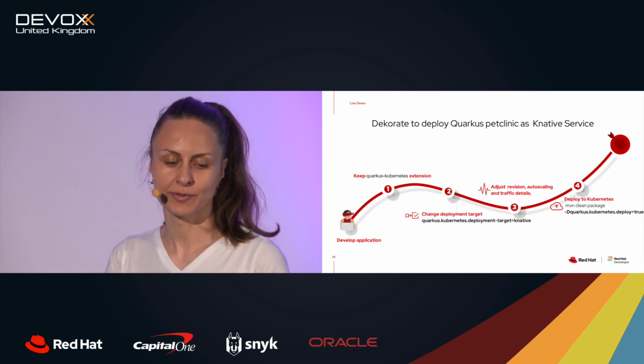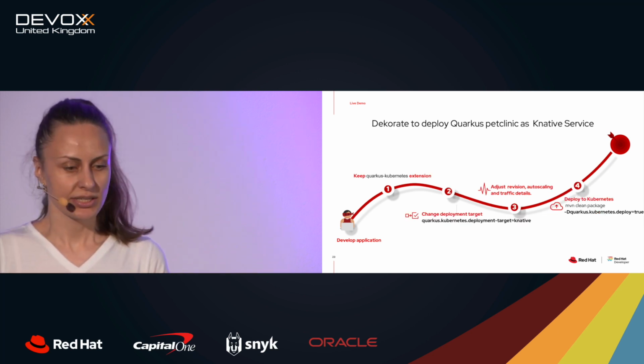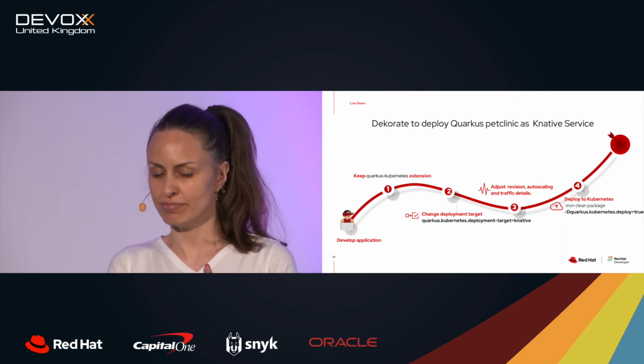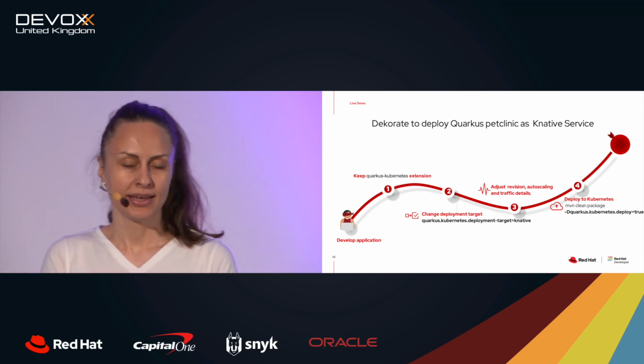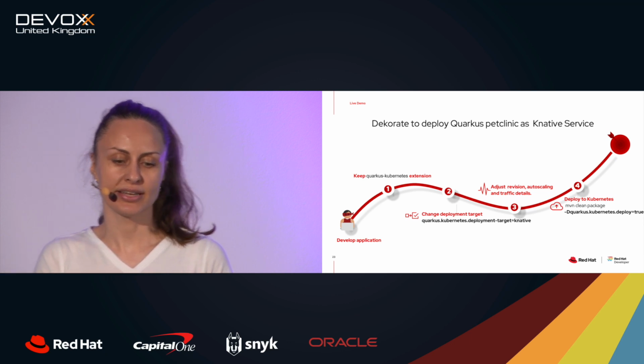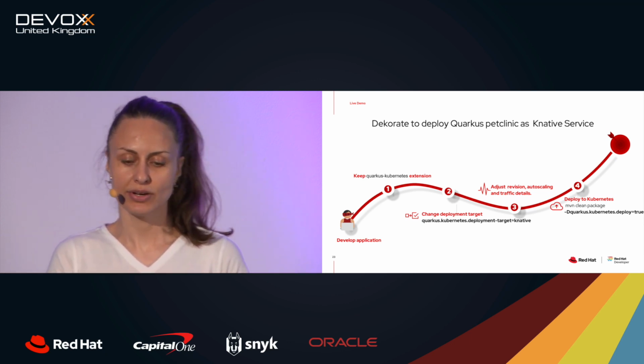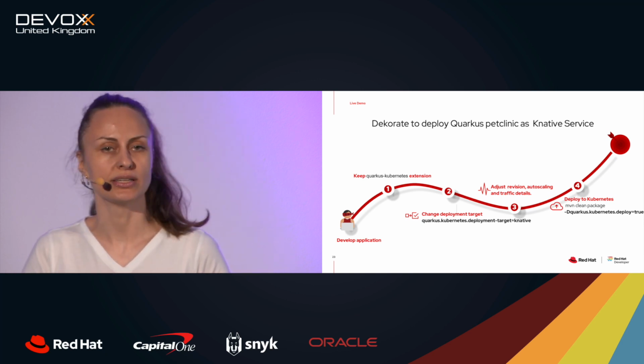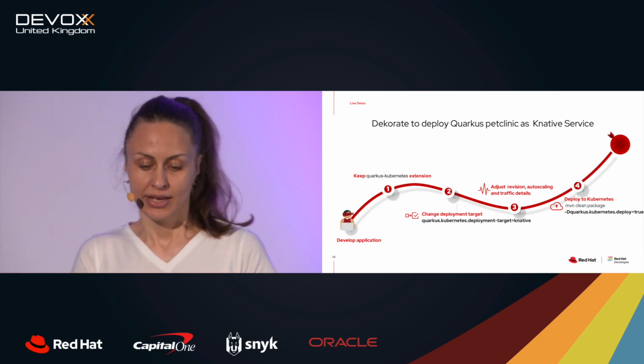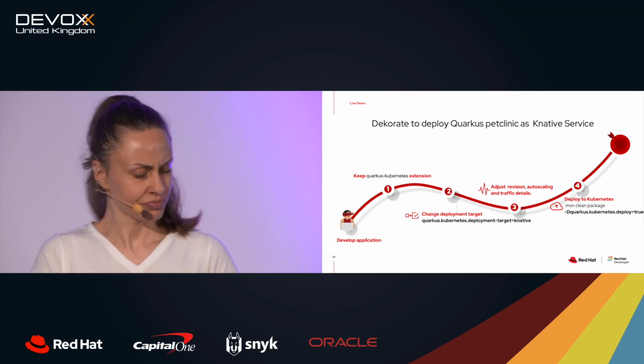For Quarkus, you just keep the extension and change the deployment target. Same, adjust revision, autoscaling, and traffic details by using properties, and you can deploy just with Quarkus Kubernetes deploy or using kubectl. Simple as that.